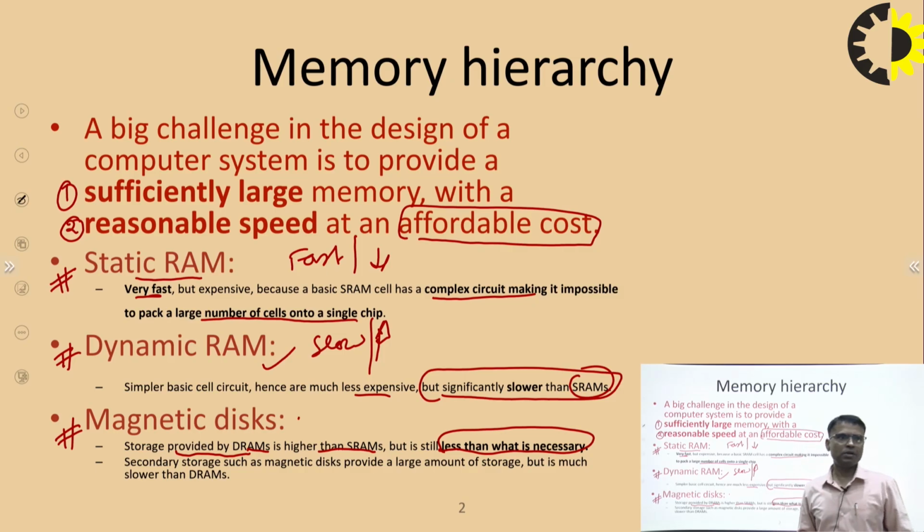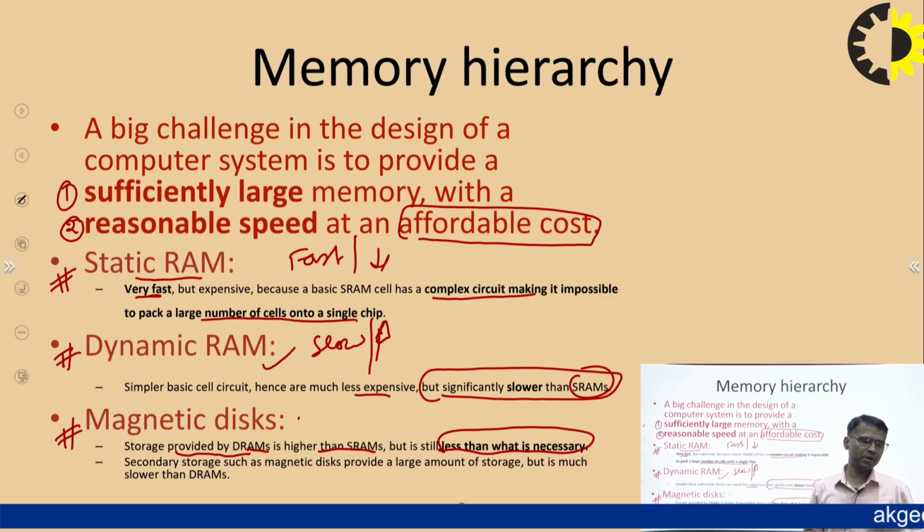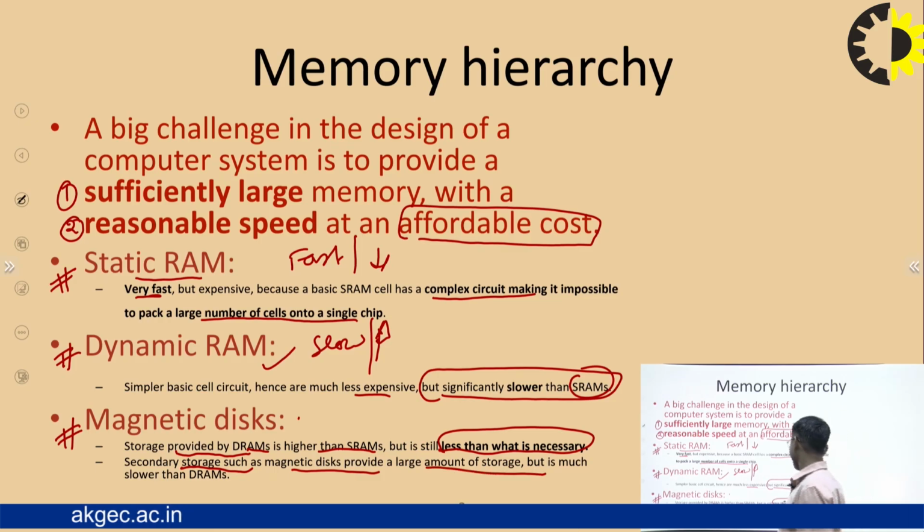Nowadays program sizes are not in KBs, they are in MBs, or in fact the program size or the storage of data for a particular execution of a program is in GBs also. So, we cannot fulfill the requirement with static RAM and DRAM. So, we can go for secondary storage such as magnetic disk that provides a large amount of space. But what is the drawback here? It is very slow compared to the DRAM itself.